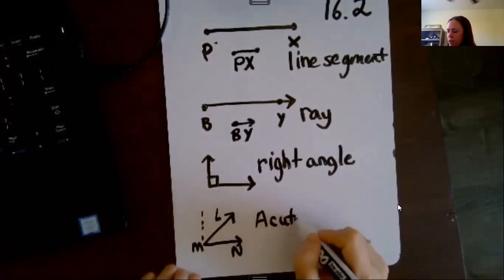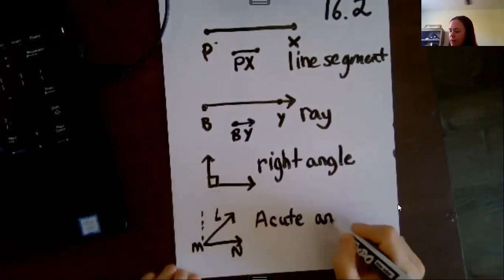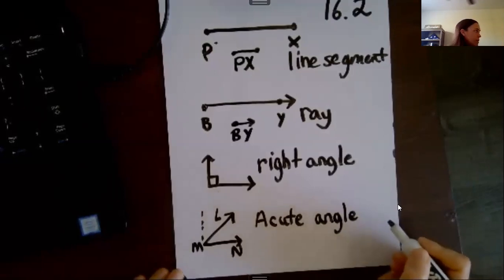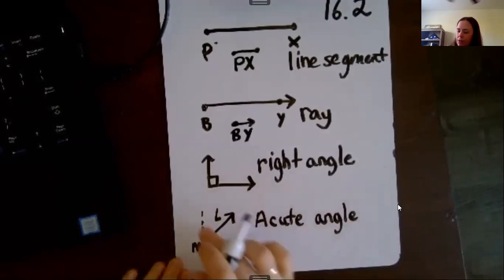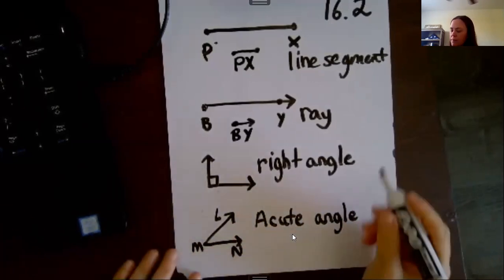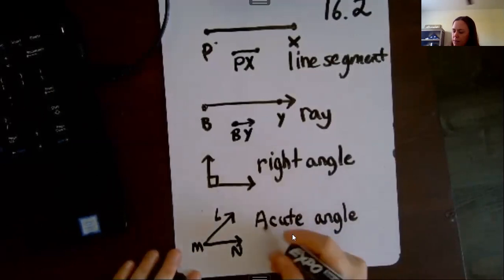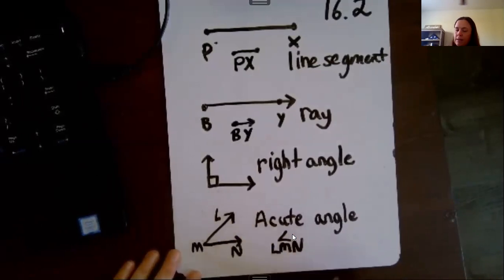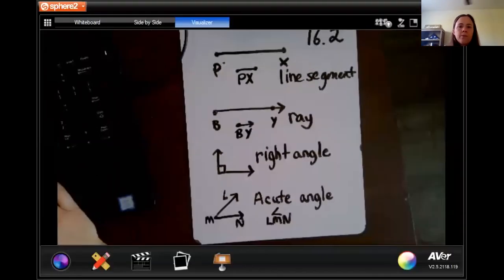This would be an acute angle, I have to say it like that every time. Anything less than that is called an acute angle. And you could write it like this too, O, M, N, same thing. You usually write it in alphabetical order.